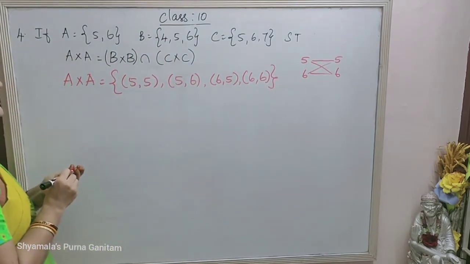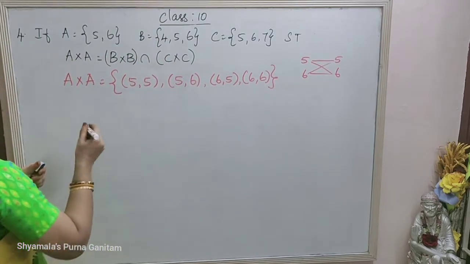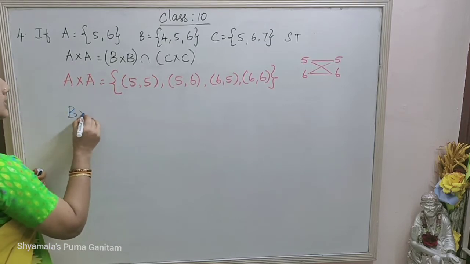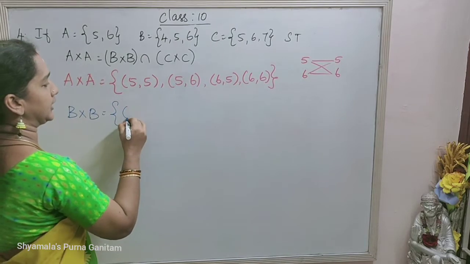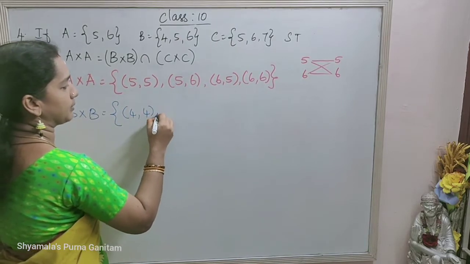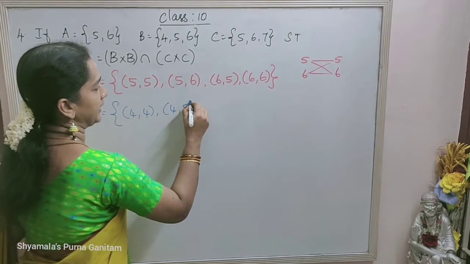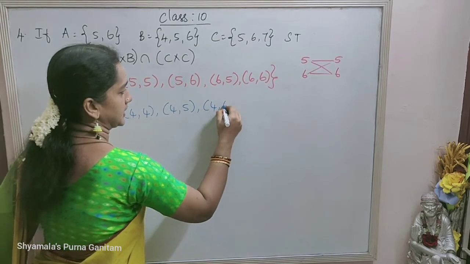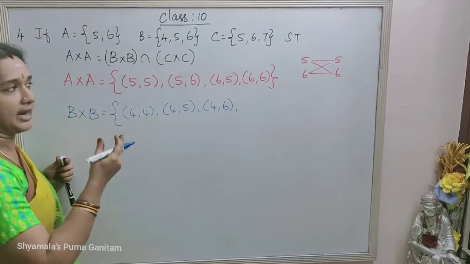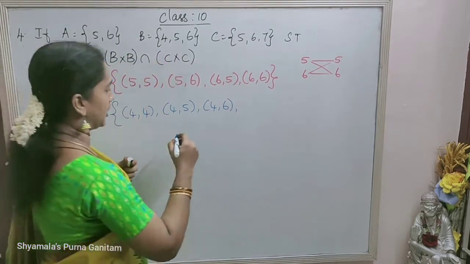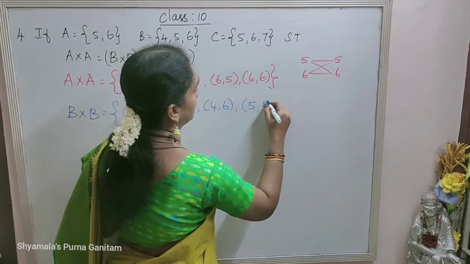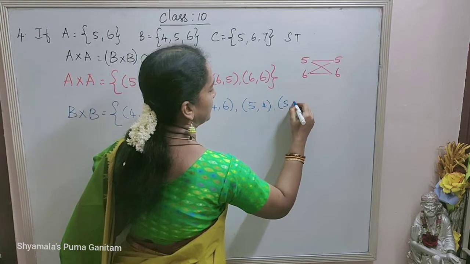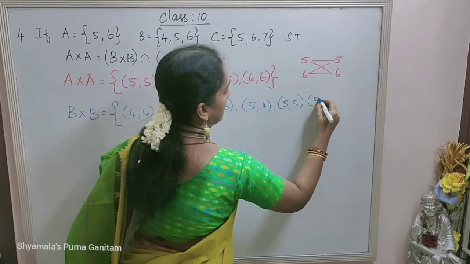Then the next one is B cross B. Here 3 elements are there. First, (4, 4), (4, 5), (4, 6). So we have paired 4 with all 3 elements. In the same way 5: (5, 4), (5, 5), (5, 6).